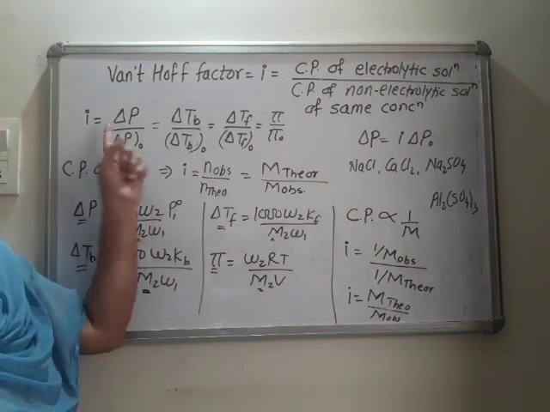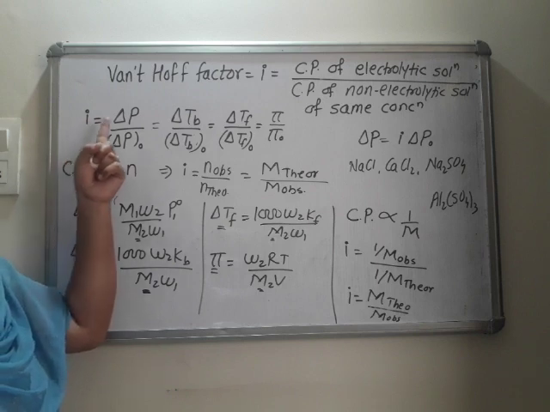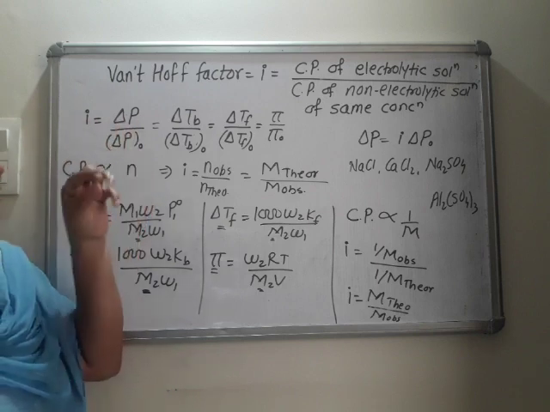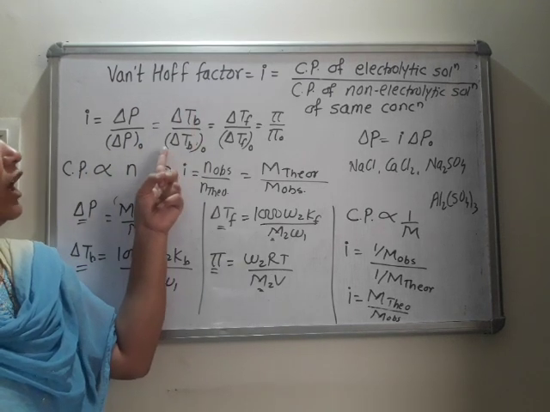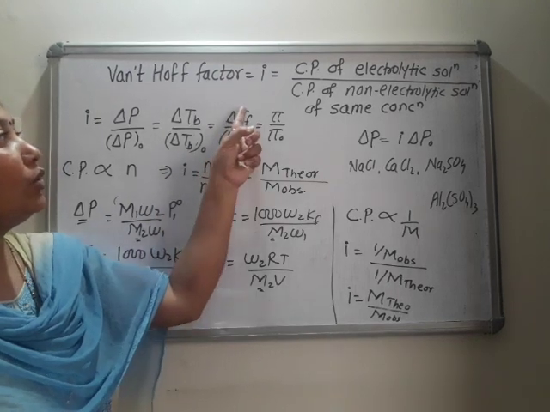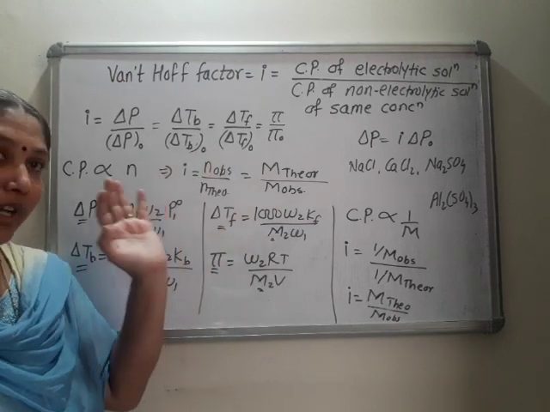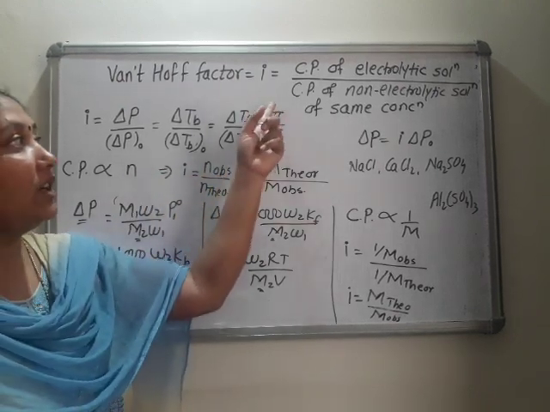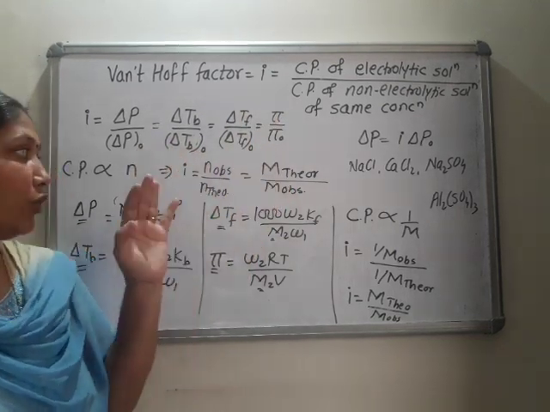So in terms of different colligative properties, i is equal to delta P upon delta P naught, theoretical, meaning the expected value, is equal to elevation of boiling point upon the expected elevation of boiling point, is equal to depression in freezing point upon the standard depression in freezing point, is the same as osmotic pressure upon standard osmotic pressure.